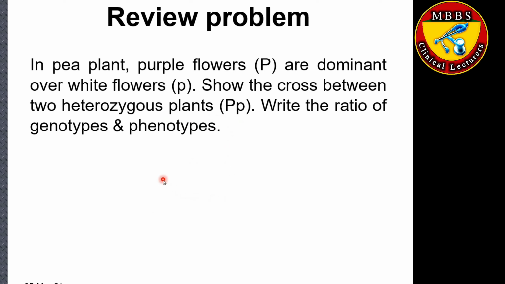Write on the upper side the capital P and the small p, on your left side again the capital P and the small p, and try to solve the Punnett square and see what ratio you get for the genotypes and the phenotypes. Tell me the offspring.